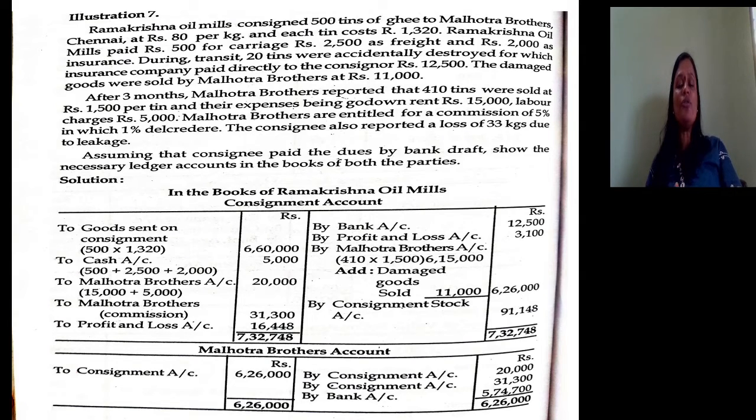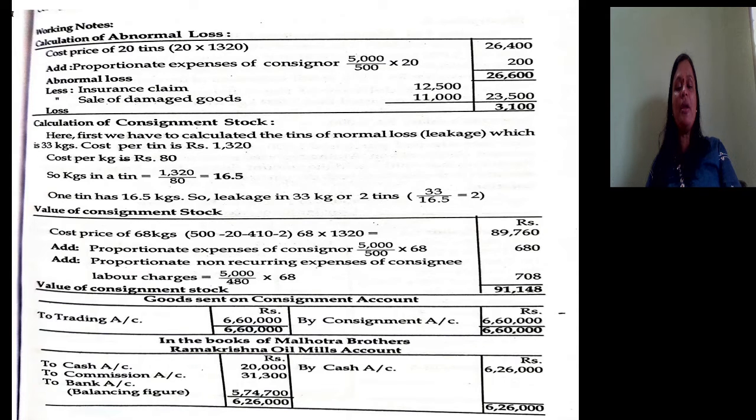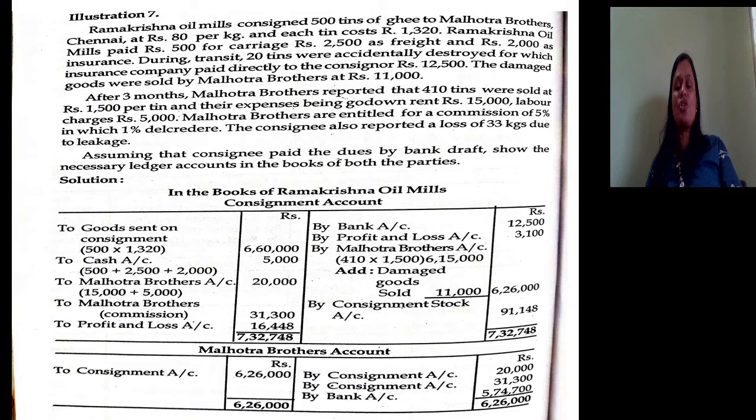They are entitled to a commission of 5%, in which 1% is del credere. The consignee also reported a loss of 33 kgs due to leakage. Assume that consignee paid the dues by bank draft; show the necessary ledger accounts in the books of both the parties. So this is all about the problem.